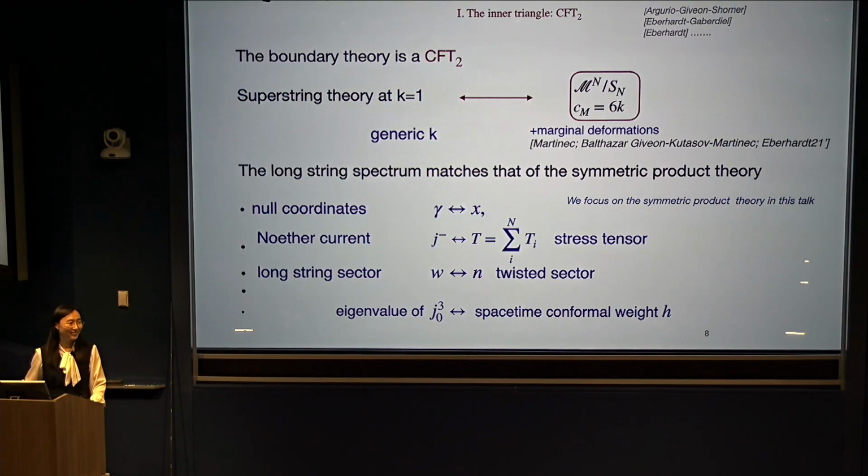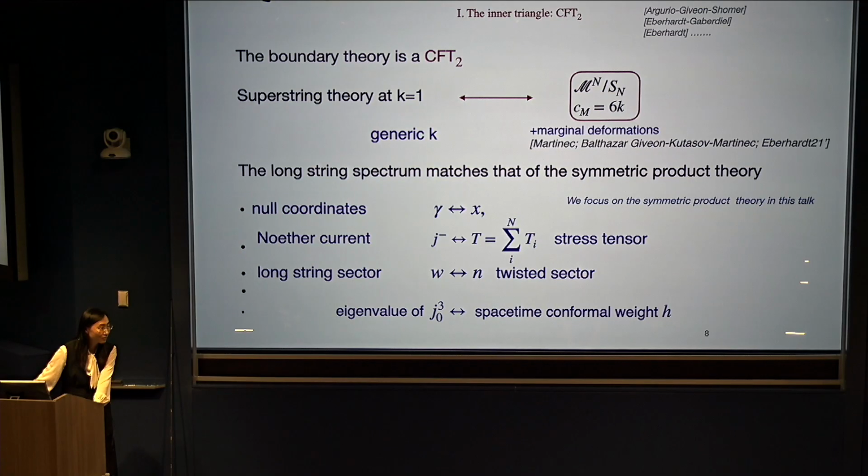Yeah. What's capital N? Capital N is the electric charge. In terms of the symmetric product, it's the number of copies of your seed theory. I have a slight question. So here, you just said you basically talk about the long string sector.